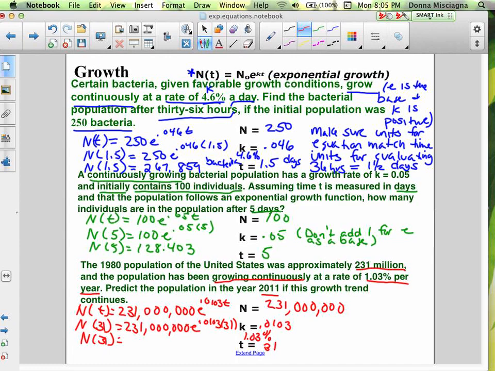So then we have 0.0103 times, and then 31, close the parentheses, and then we're going to multiply that times 231, and then 6 zeros. So our population would be 317, I think it's 317 million.